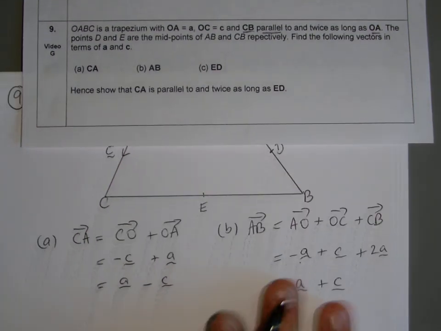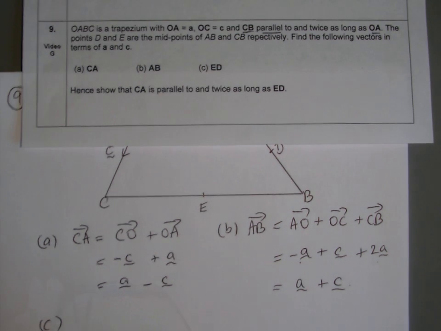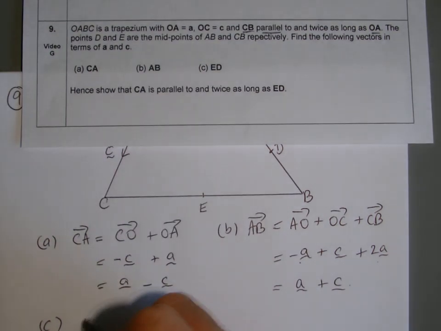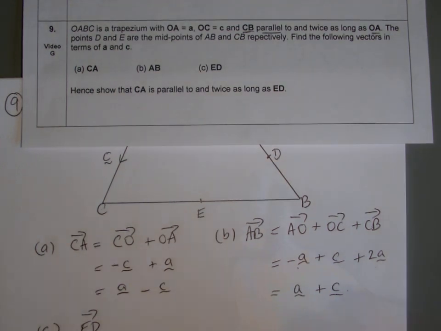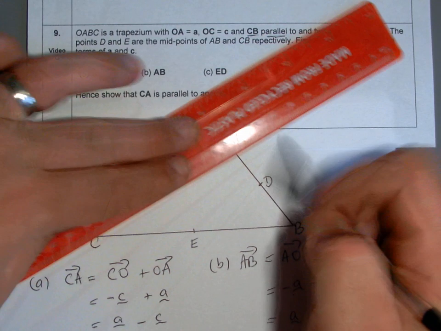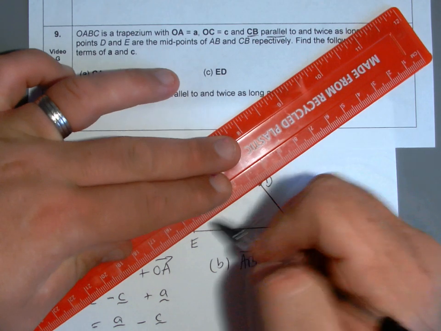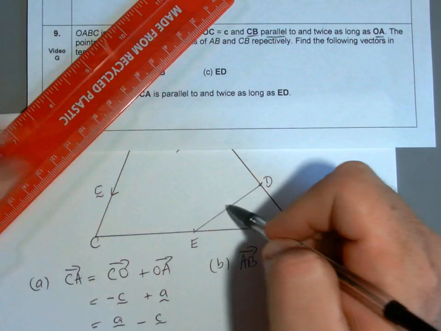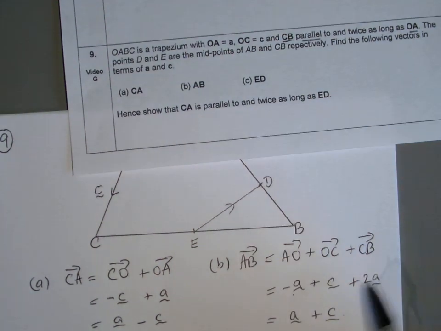Finally, for part C, we're asked to find ED, the vector ED. So ED is going from here to here. Let's see how we can get on with that. That's E to D, isn't it?